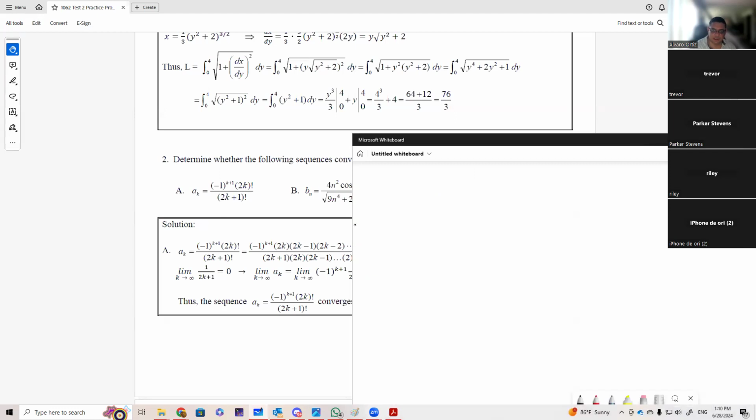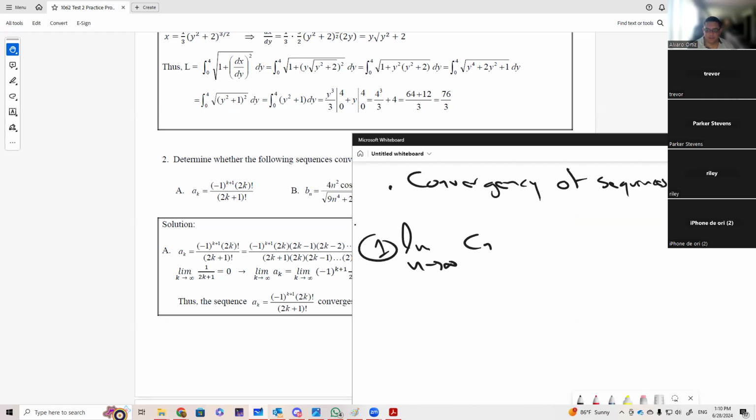So I'm going to call it here convergence of sequences. And I'm going to call it Cn. Either number one, the limit when n goes to infinity of Cn is a certain number, or number two, Cn is monotone.